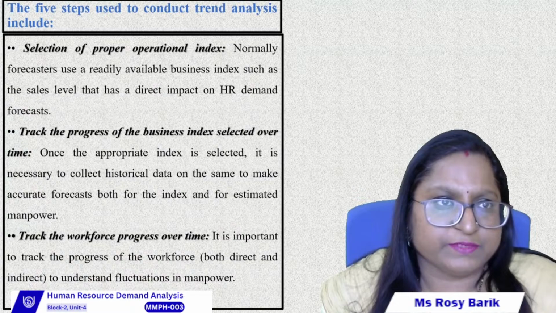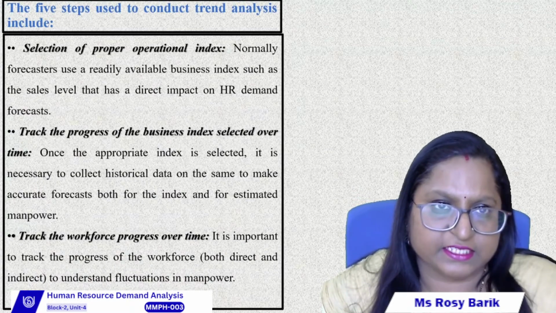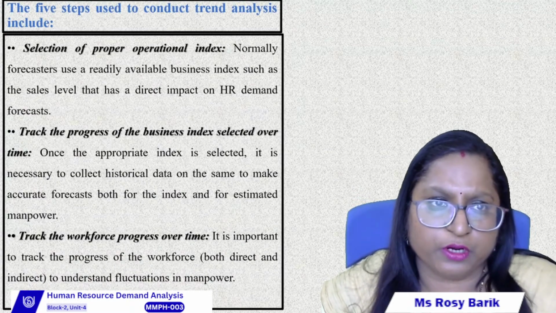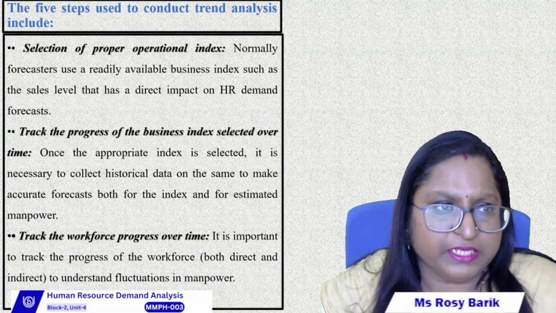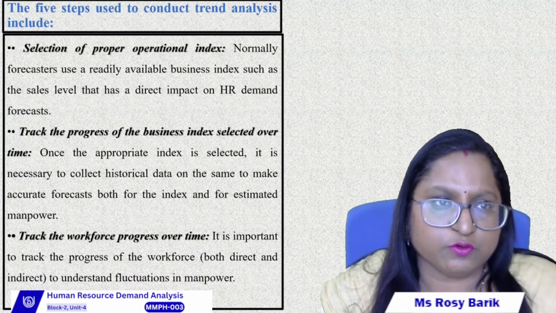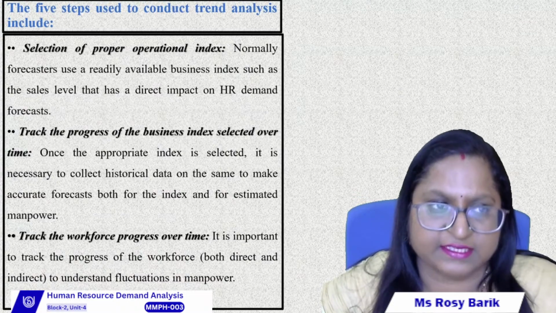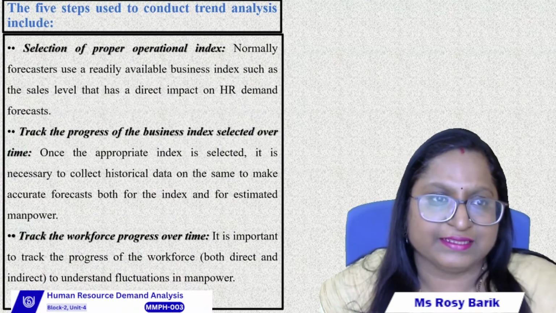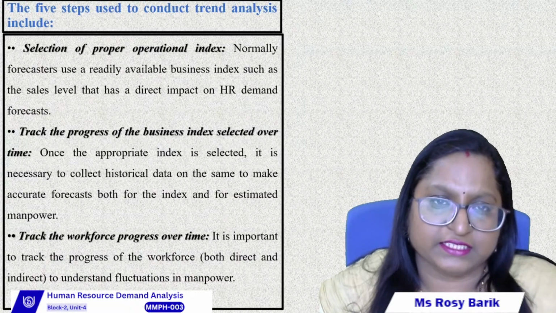The 5 steps used to conduct the trend analysis, which includes selection of proper operational index. That means normally forecasters use the readily available business index, such as the sales level, that has direct impact on HR demand forecast.